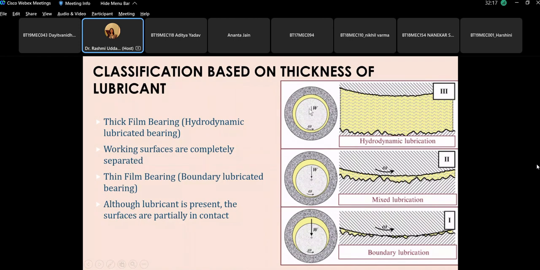But for heavy loads, we have to go with a hydrodynamic lubricated bearing. So whether it is hydrodynamic, mixed or boundary lubrication, we will by default assume that we are designing for hydrodynamic lubrication.